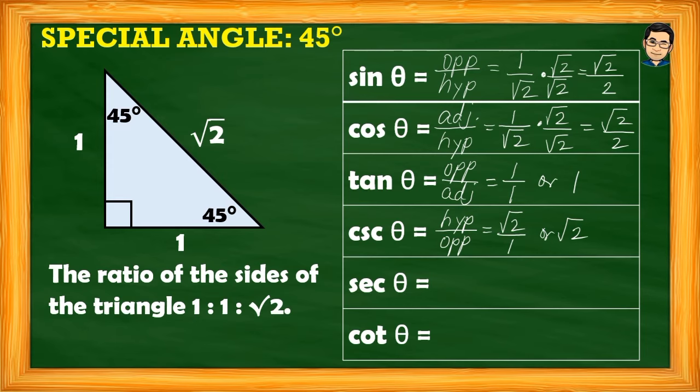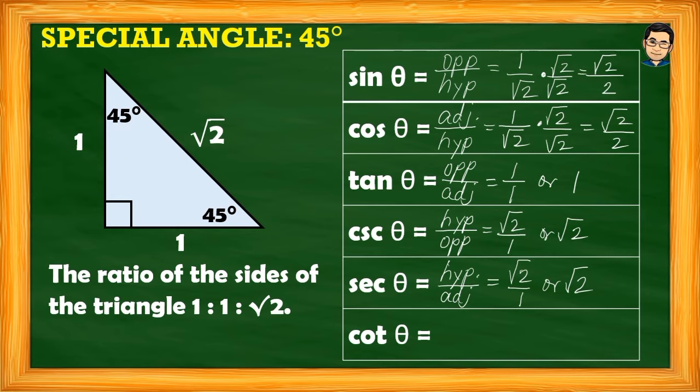Next, secant theta, reciprocal ng cosine theta. So, magiging hypotenuse over adjacent. So, yung hypotenuse natin is square root of 2. And then, yung adjacent side natin is 1. Square root of 2 over 1, that is square root of 2.